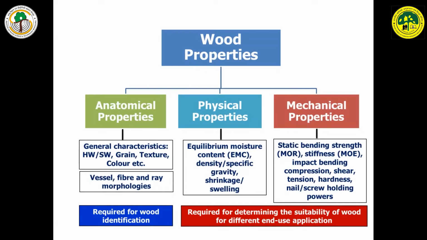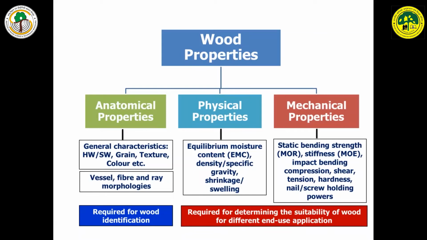Similarly, the opposite happens when wood is very wet and you keep it in a dry condition: the wood will start shrinking. This phenomenon is also very much required to be studied, and this property comes under the physical properties of the wood.